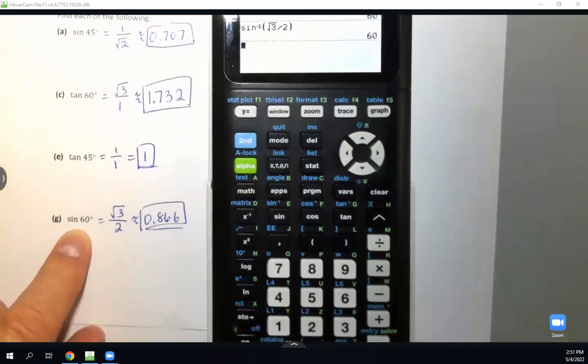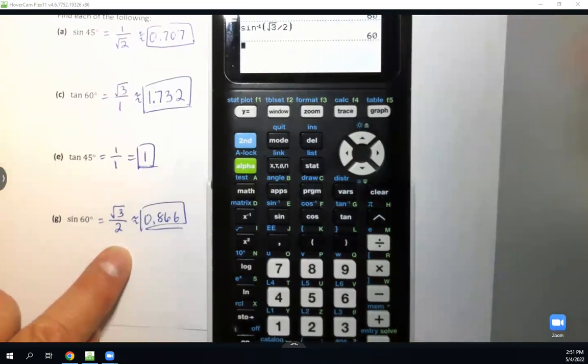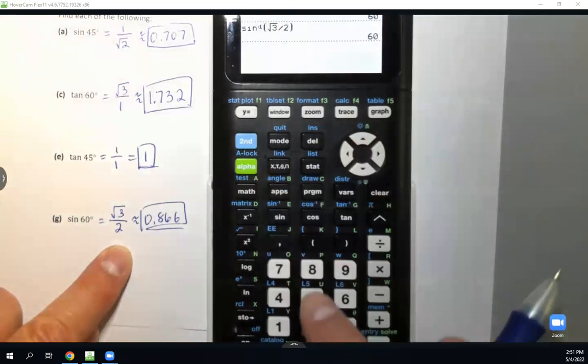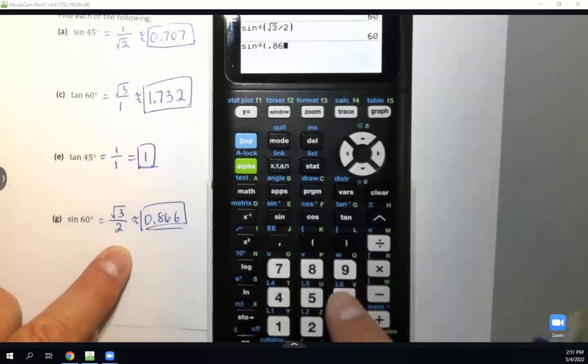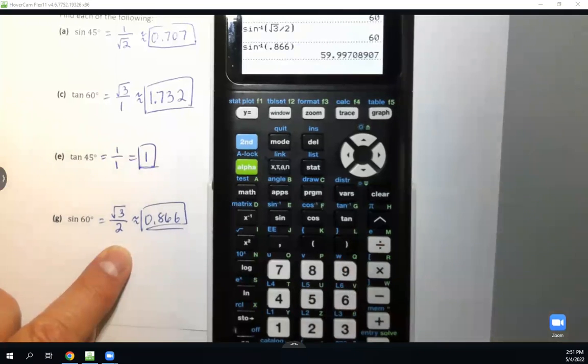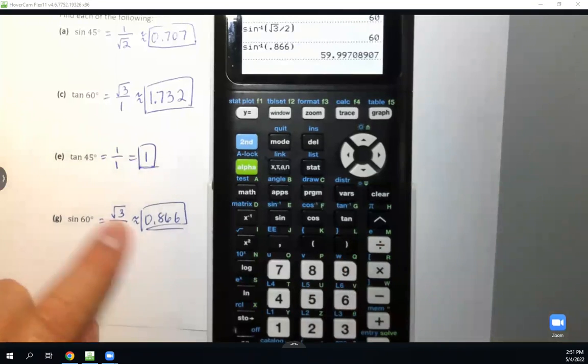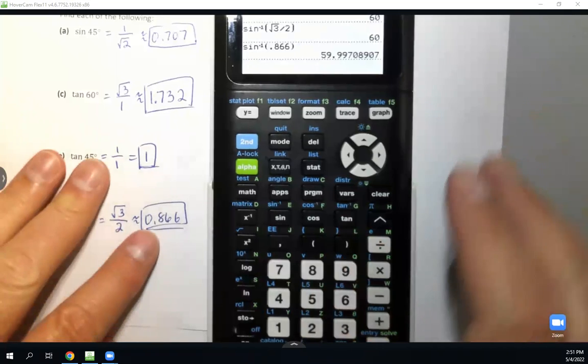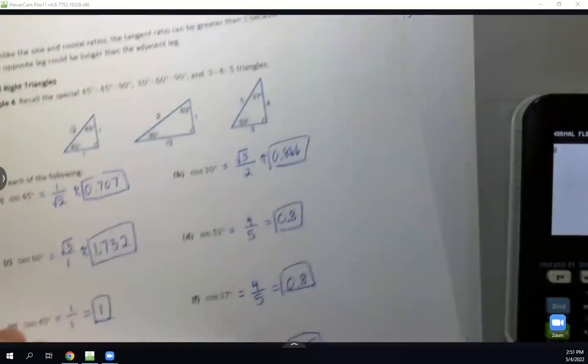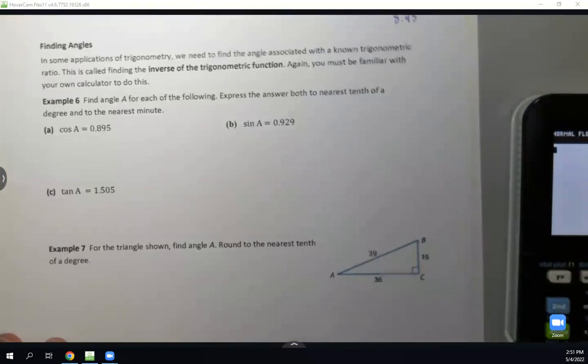You with me? Now, when I do the square root of 3 over 2, it gives me exactly 60 degrees, right? If I did inverse sine of 0.866, that's going to give me about 60 degrees because of the rounding. Does that make sense? Isn't that cool? Okay.